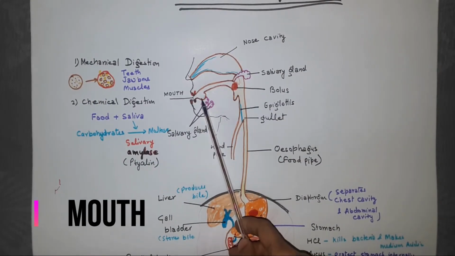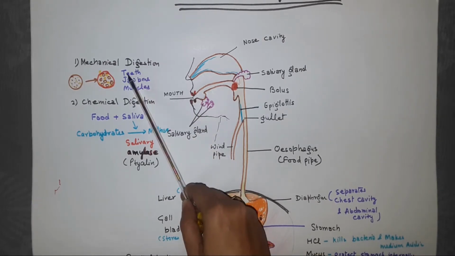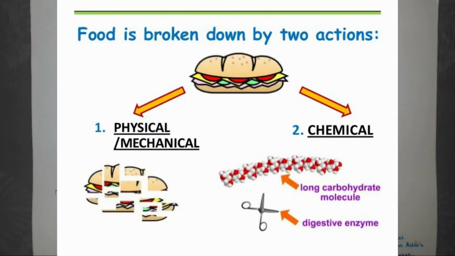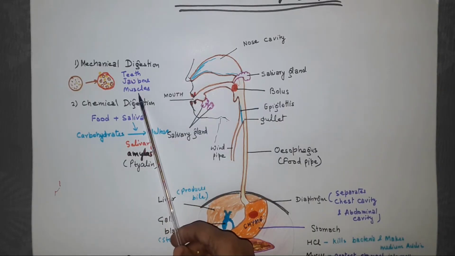As the food enters the mouth, there are two kinds of digestion: mechanical digestion and chemical digestion. Now what happens in mechanical digestion? Mechanical digestion breaks the food particles into smaller pieces with the help of teeth, jawbone and muscles.